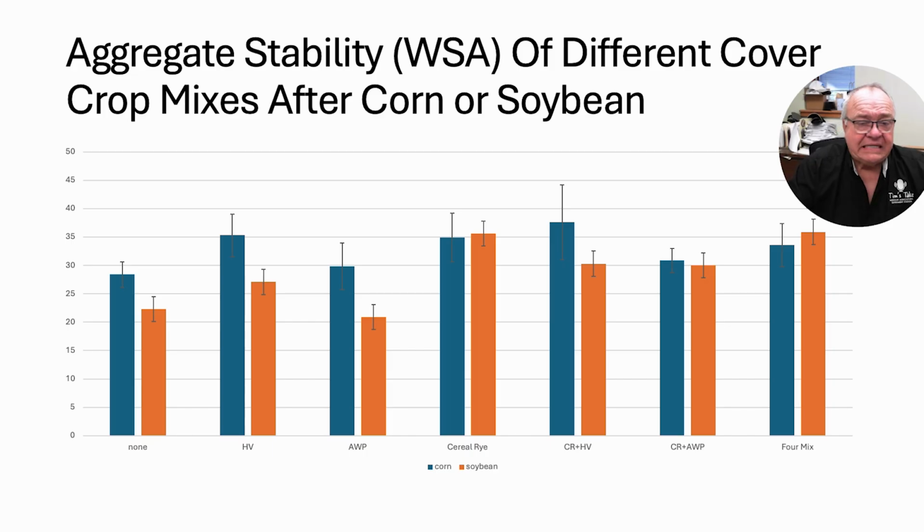What's really also interesting is that when we started mixing our cereal rye with the annual legume, we lost some of that benefit. Then when we mixed them all together, we regained some of it, but we did lose some of that benefit when we mixed it with the legume.